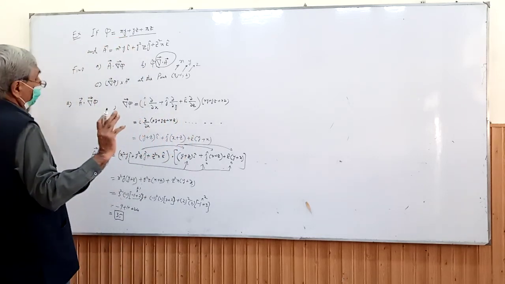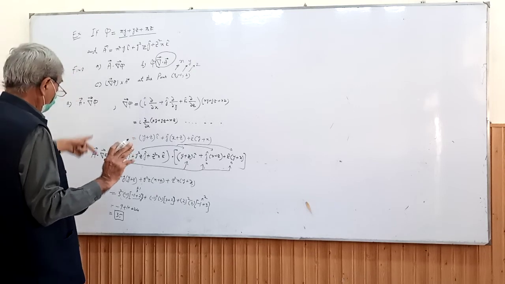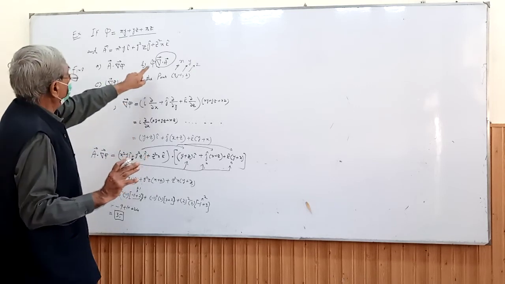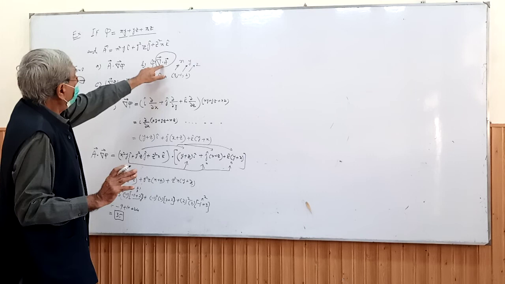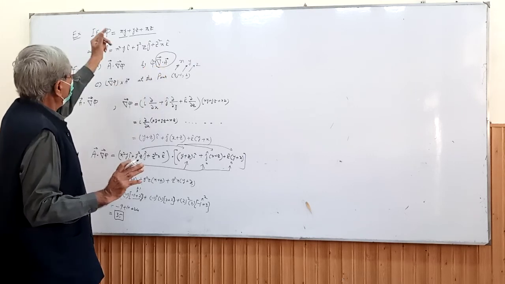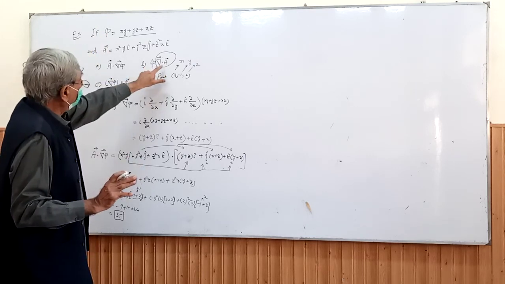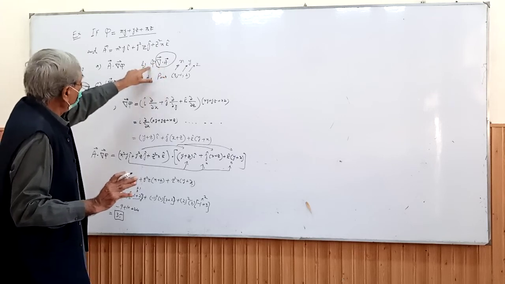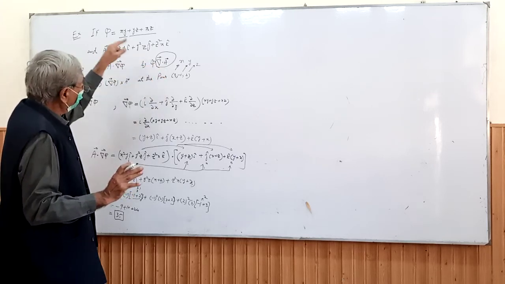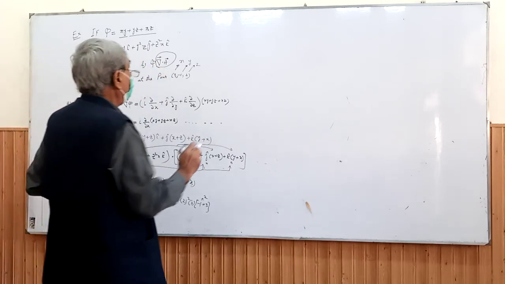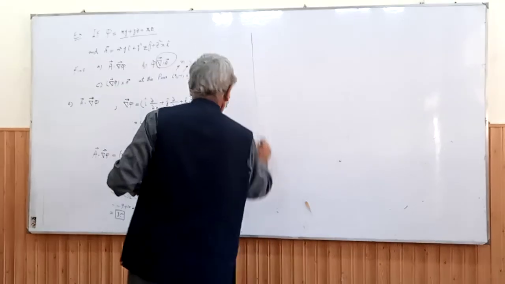You try it yourself, because I have shown you the procedure. No problem. And you will see what is the answer. That is also a scalar quantity multiplied by a scalar quantity, answer will be a scalar quantity. Okay? So that is one.